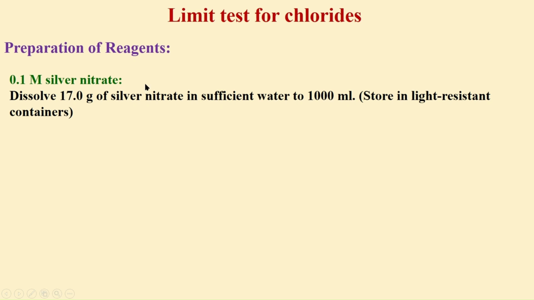If I dilute 170 grams to 1000 ml with water, it gives a 1 molar solution. If I want 0.1 molar, I have to divide by 10. That's why if we dissolve 17 grams of silver nitrate in water and make up the volume to 1000 ml, we get 0.1 molar silver nitrate solution.